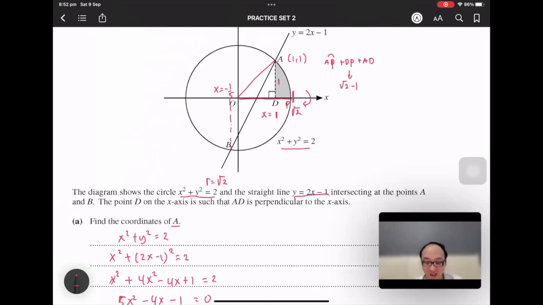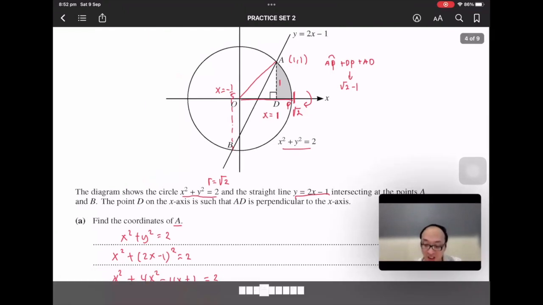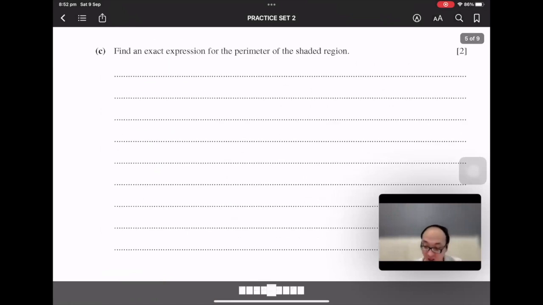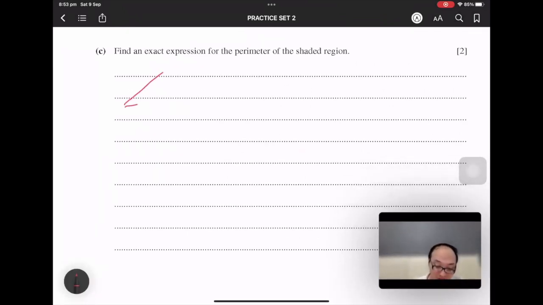And to find the arc length, AP, this is A, this is O, this is D. This is 1, this is root 2, this is 1.